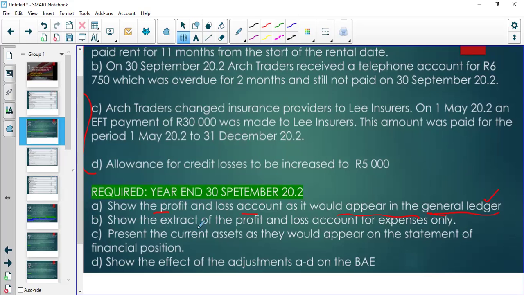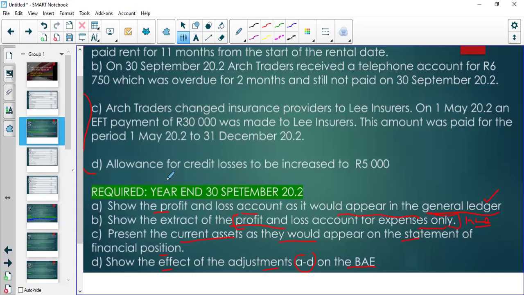Then the second question requires us to show an extract of the profit or loss account, that portion for expenses only. But now this is part of the income statement, all right? Now we want to also show the current assets as they would appear on the statement of financial position. And we also want to show the effect of the adjustments A to D above on the basic accounting equation.